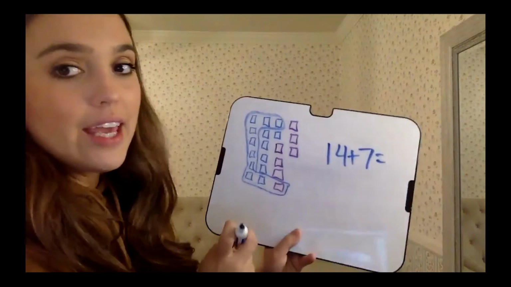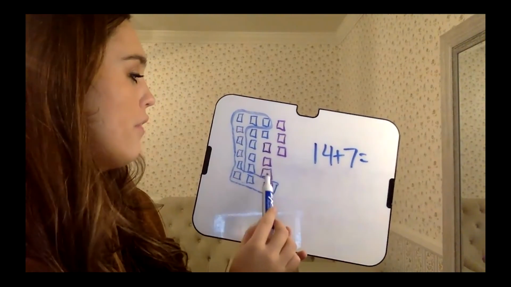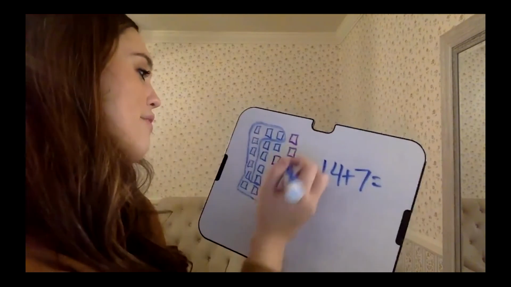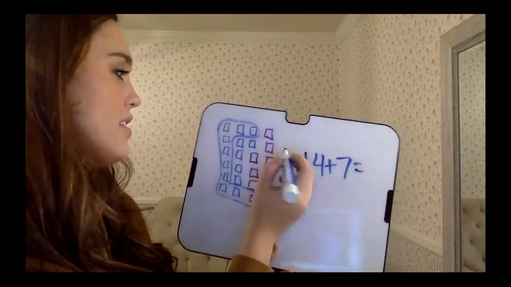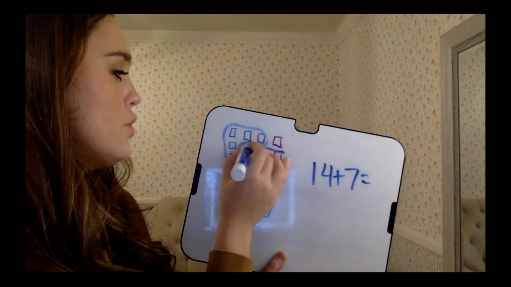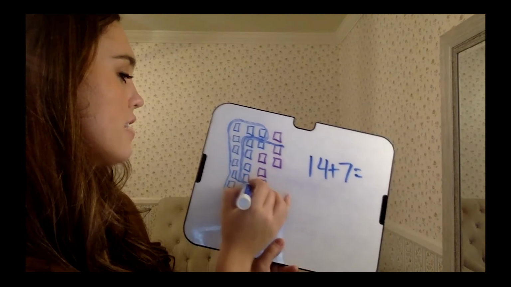So now let's see if we can get another group of 10. So let's count these and make sure. 1, 2, 3, 4, 5, 6, 7, 8, 9, 10. Yes, we have enough for one more group of 10. So let's do it all together. Ready? 1, 2, 3, 4, 5, 6.